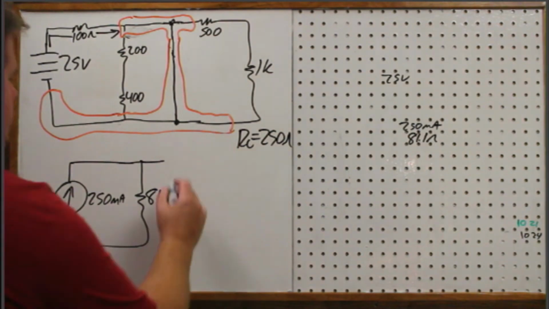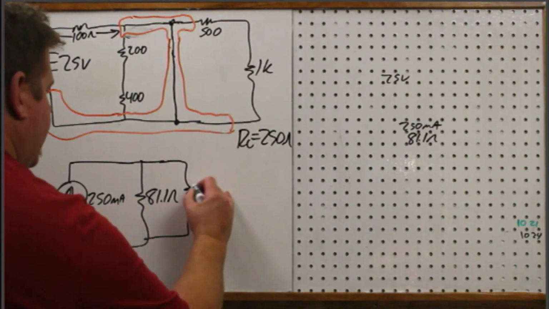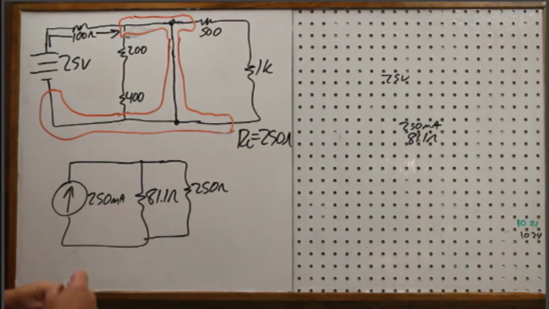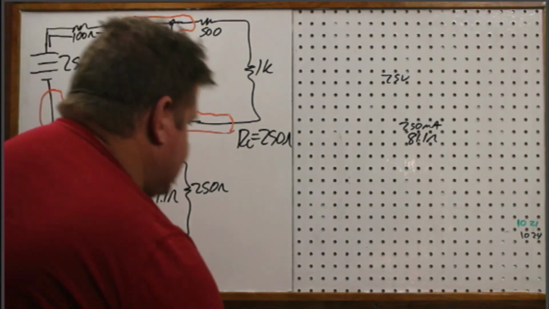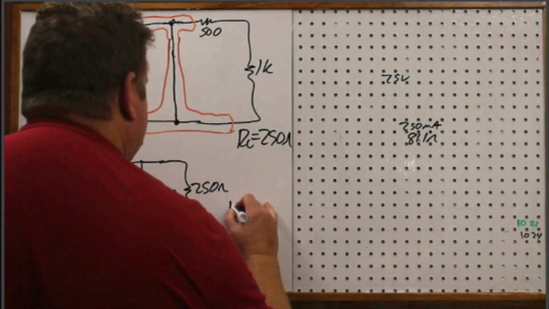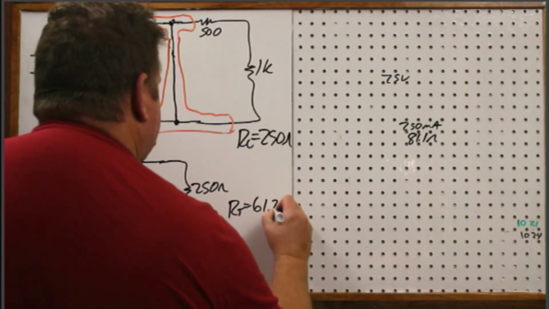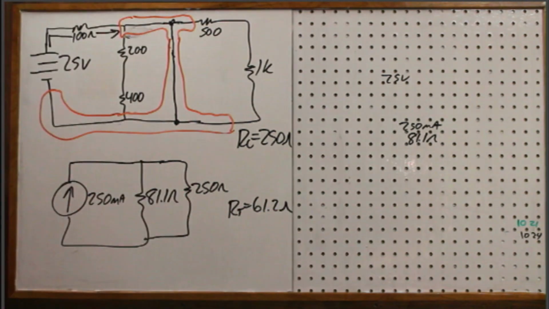Okay? So now we've got one with, in parallel here, 250 ohms. So remember, the first calculation you should really do here is to find this parallel combination. So 1 divided by 81.1 plus 1 divided by 250. Take the whole thing to the negative 1, and I get 61.2 ohms, just regular ohms. Okay?